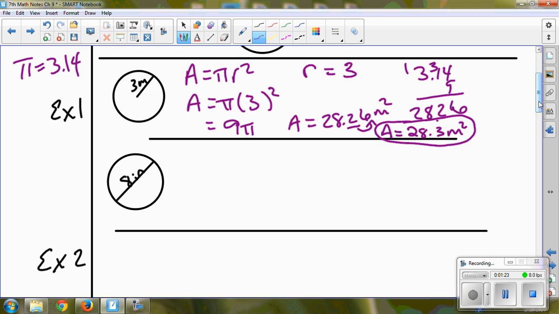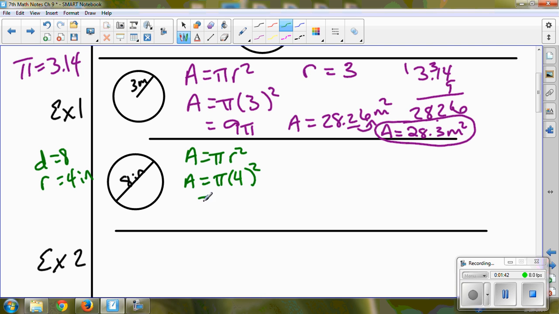Let's do another one. Again, find the area of a circle, so pi r squared. Oh, actually, we have diameter here, so let's find radius. If diameter is 8, radius is half of that. So we get area is equal to pi times 4 squared, or 16 pi.